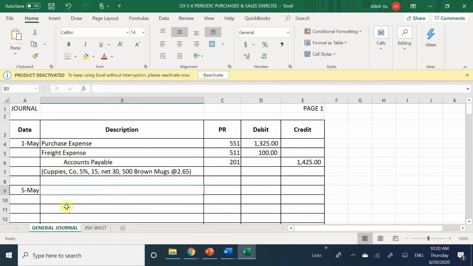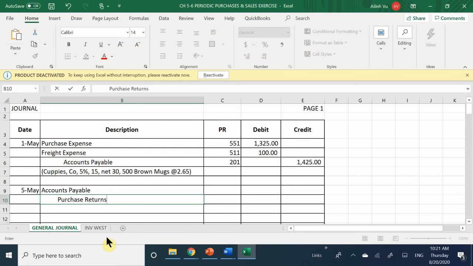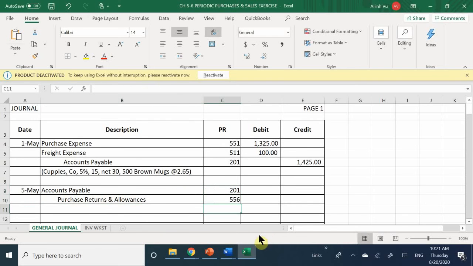So in this case, we are decreasing our accounts payable, and we are also increasing our purchase returns and allowances. Okay? And these accounts were 201 and 556. All right, and in my description, I'm going to indicate it now so I kind of know.